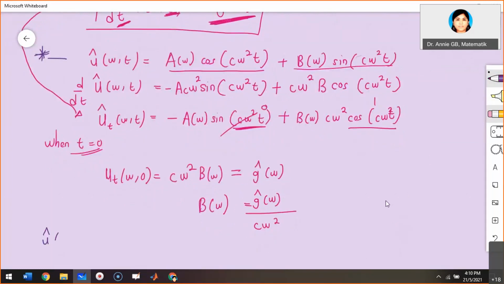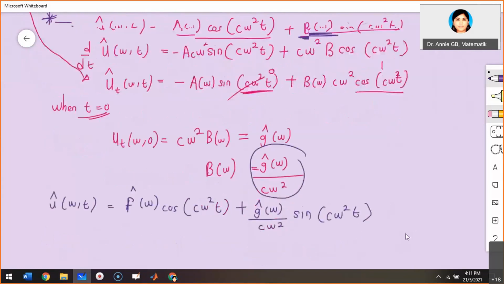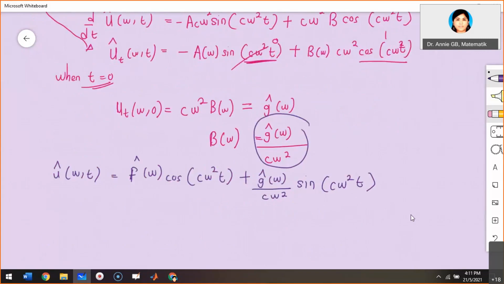So, u hat omega t equals to f hat omega cos c omega squared t, dan B omega adalah ni, plus g hat omega over c omega squared sin c omega squared t. Okay, so this is not the solution, but this is almost the solution.